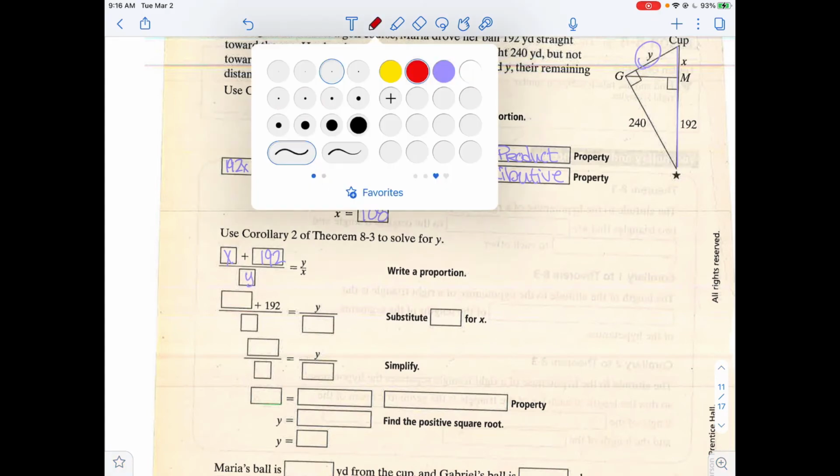So x plus 192 over y, and then we're going to set that equal to y, which is the hypotenuse, over the shorter leg, x. Okay, so that's all set up for us. We actually know that x is 108, so we're going to replace x with 108 and again it's over y. All we did here was substitute 108 for x.